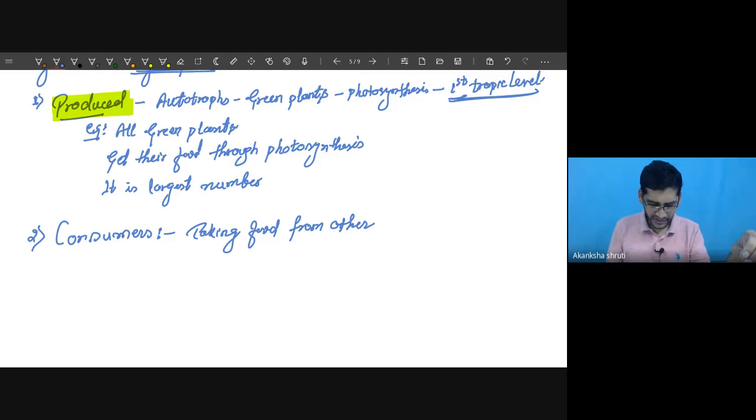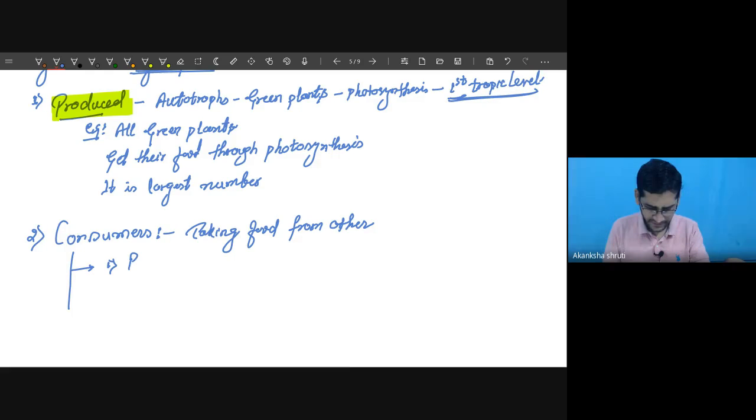Now this consumer can be of three types. One is those consumers which depend on the producer for getting the food, totally herbivorous. That kind of consumer is called the primary consumer.